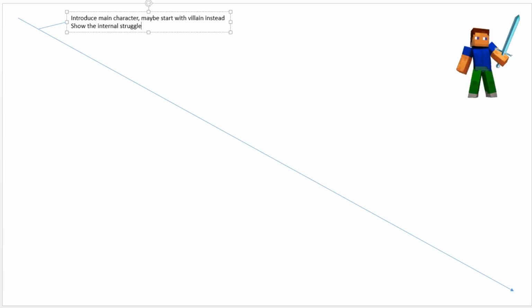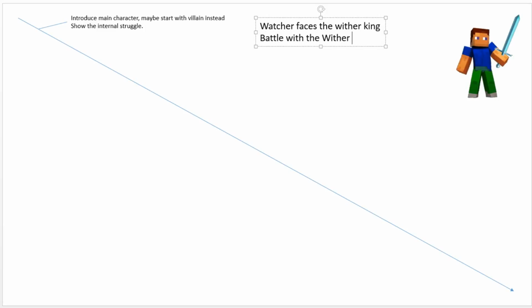So, in the story that goes along with these writing materials, which was called Watcher Faces the Wither King, I decided I didn't like that title, so I called it Battle with the Wither King instead, because battle is a more active word. It's always good in your titles to have an action word in it, I've learned. And faces is not a great action word, and battle is a much better action word.